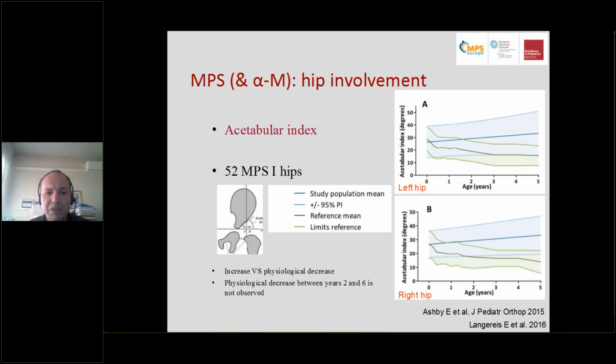While in MPS there are two major reports about the acetabular index. One reported that there is no decrease at all, it stays more or less the same. One reported there is an augmentation, but the important point is that the behavior is different from a normal child, where there should be a decrease with a consequent augmentation of the coverage of the femoral head.